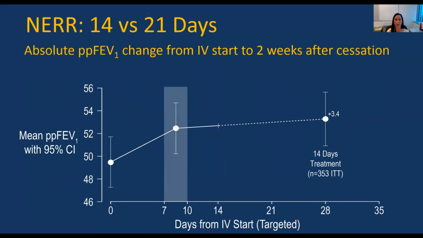So here's the primary endpoint, which is again change in FEV1 percent predicted from IV start to 2 weeks after scheduled end of IV duration. And that change was plus 3.4% in the 14-day group and plus 3.3% in the 21-day group.